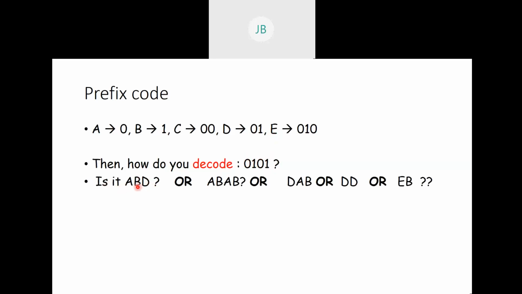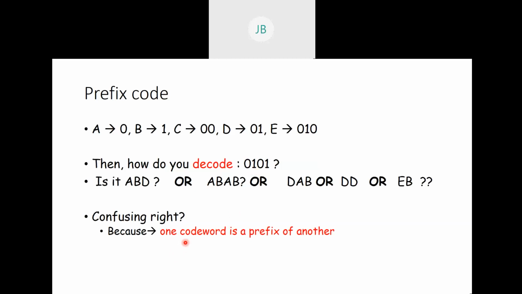Is it ABD, or ABAB, or D and D, that is 0, 1, 0, 1, D and D, or EB, and so on. So we are totally confused if we receive this kind of encoded sequence at the receiver, then how to decode this? Then we have a confusion here, because this code can represent different symbols.